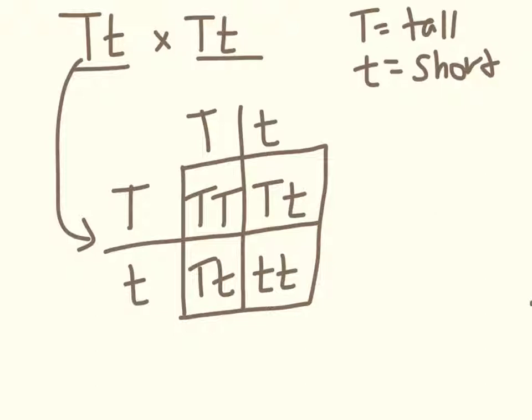So here you can see that we get a variety of potential genetic codes for these offspring. We have offspring with capital T, capital T; capital T, lowercase t; and lowercase t, lowercase t.